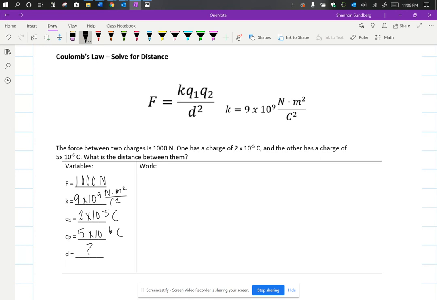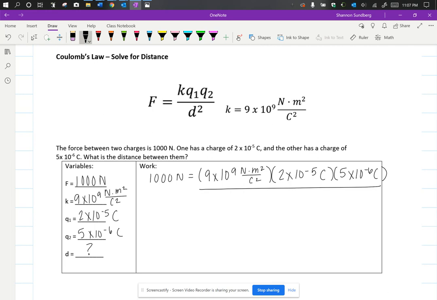So the force is 1,000 newtons equals my K value, 9 times 10 to the 9th. My first charge, the Q1, which is 2 times 10 to the negative 5th. And then my second charge, which is 5 times 10 to the negative 6th.